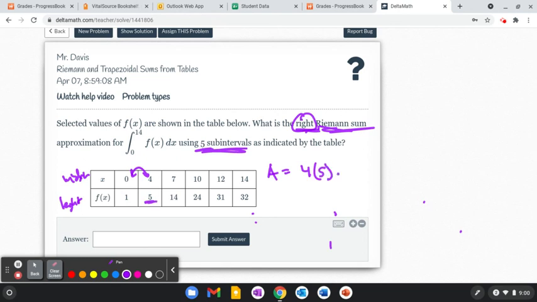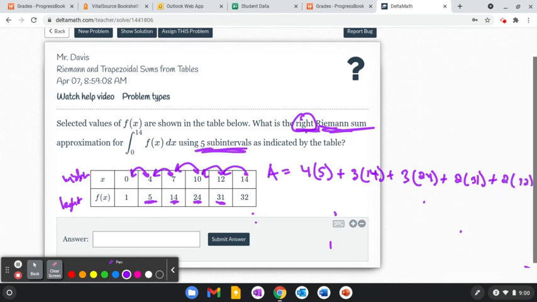So 4 times 5 plus our next delta x is 7 minus 4, which is 3, times our height. We're just going to go to the next one. It's 14. Plus 7 to 10, that's a gap of 3. And our height, we're just going to choose the next one. It's 24. Plus 10 to 12 is 2. Height there is 31. Plus 12 to 14 is 2. Height there is 32.